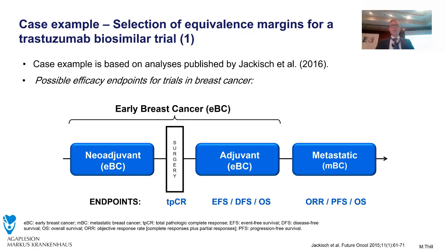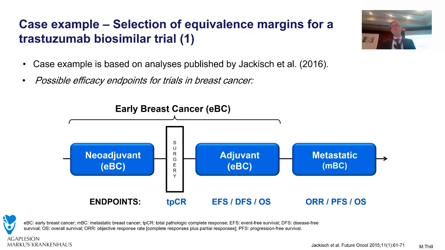And as I said, the neoadjuvant setting is a proper setting to show equivalence and is not as expensive as designing clinical trials for reference products, and the metastatic setting as well. But in the adjuvant setting, it takes a long time. Every adjuvant study, you are aware of this, takes ages. So we have to recruit all the patients, and then you have a statistical power calculation of how many patients are included in the trial.